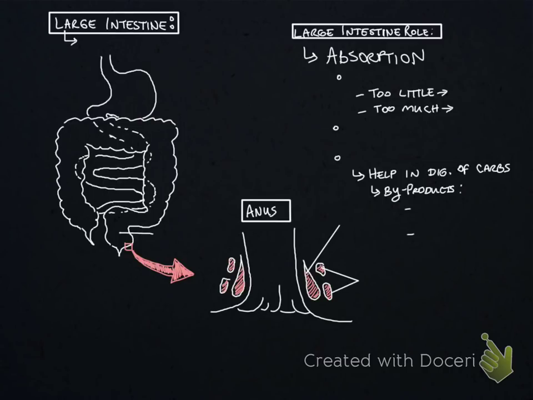Okay, the large intestine, or the colon. So the first section of the large intestine is the cecum. So we've passed from the ileum, past the ileocecal valve, and now into the cecum. This is the appendix.